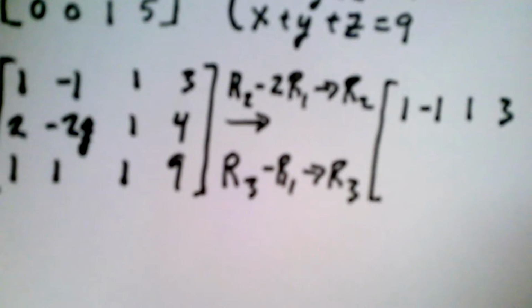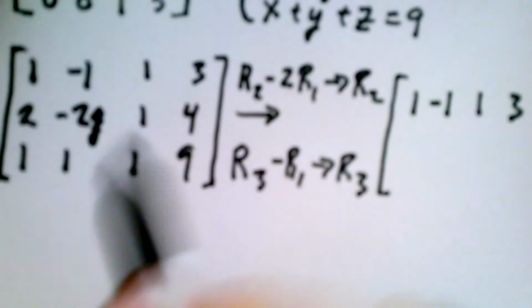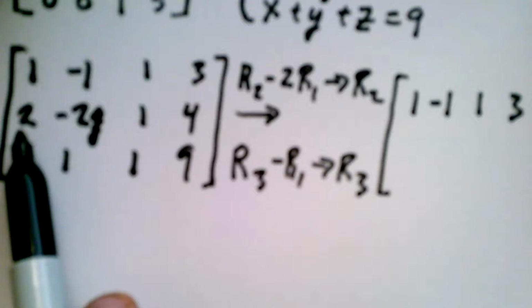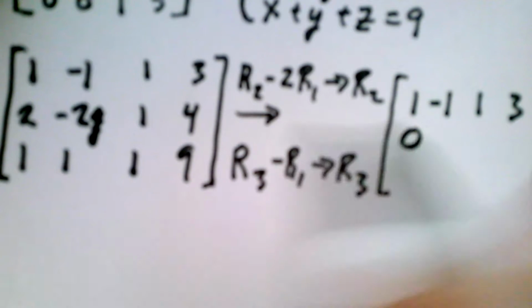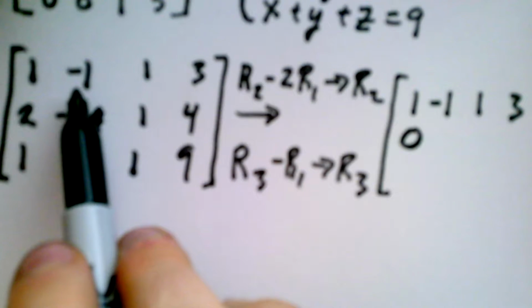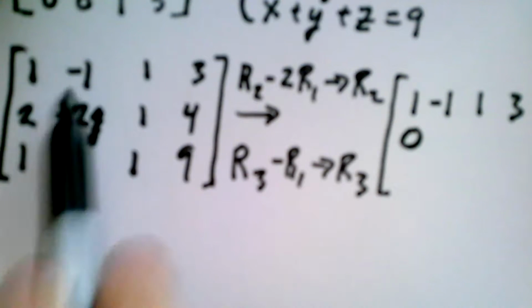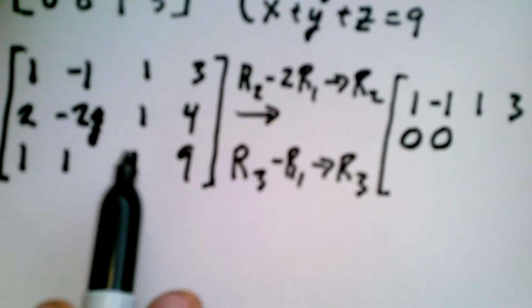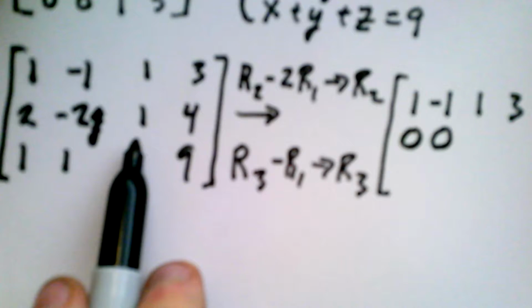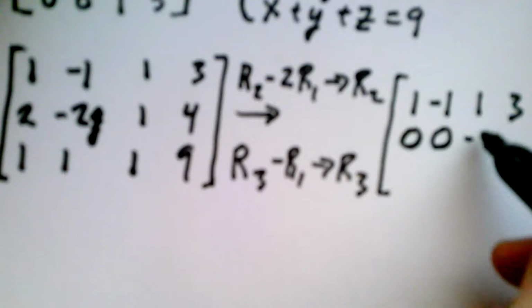So 1, negative 1, 1, 3. The next row, I have 2 minus 2 times 1 is 0. Negative 2 minus 2 times negative 1 is the same as negative 2 plus 2, which is 0. I have 1 minus 2 times 1, negative 1.